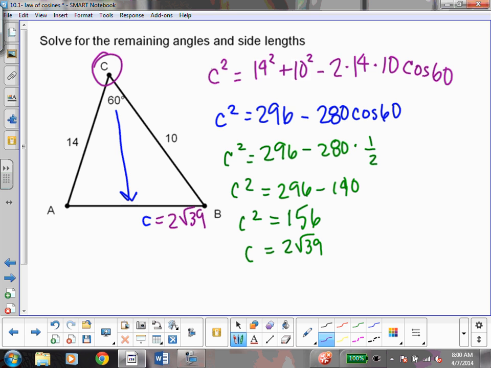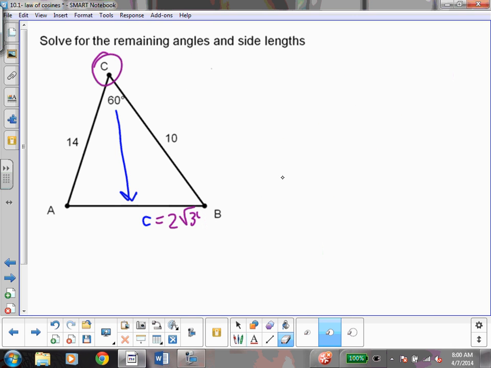Now I want to find one of the angles. In order to do that, I have to use the law of cosines again. It doesn't matter which one you try to find first.